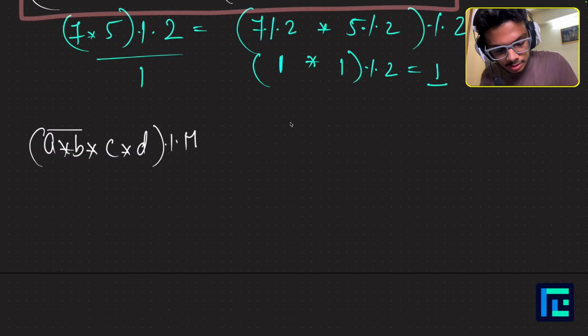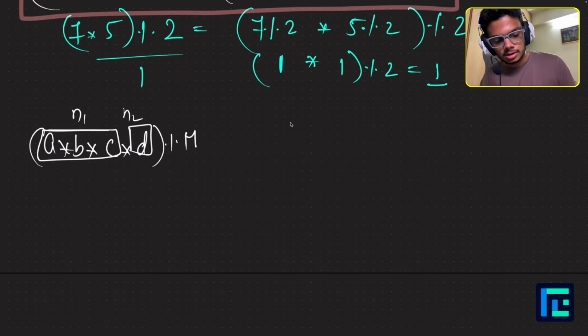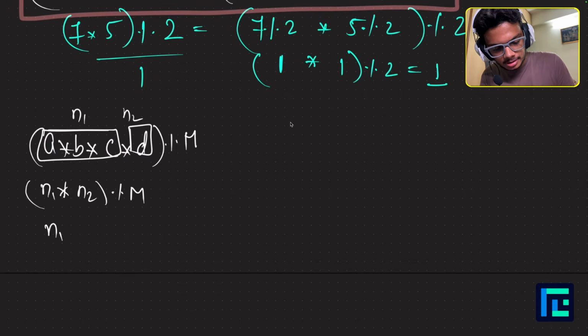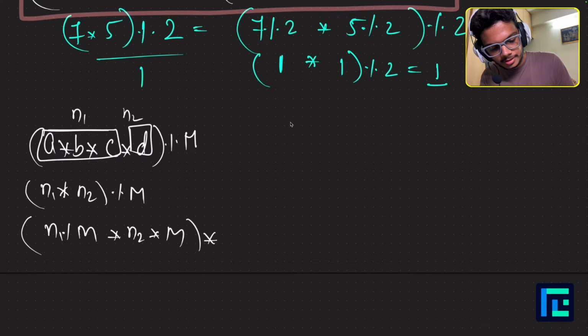You can consider one part as a number n1 and the other part as another number n2. And you know that n1 into n2 mod m can be written as n1 mod m into n2 mod m, whole mod m. This property you can exploit.